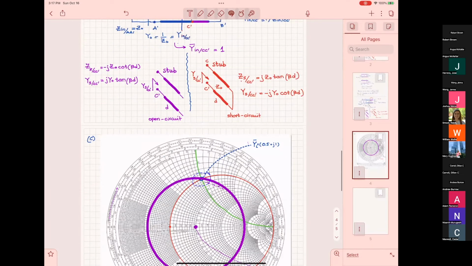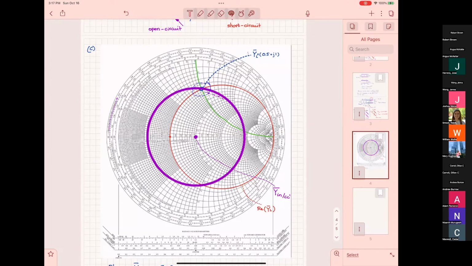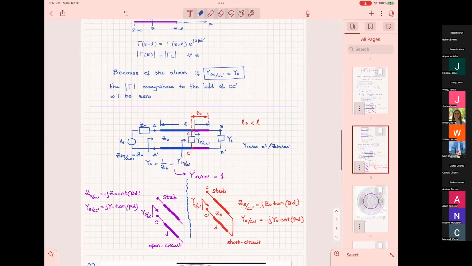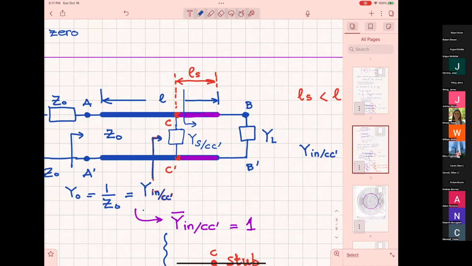Because eventually, when I come to this point, I know the real part of that point. Let me expand the view and clean this up, so I'm not going to have all of these details because it becomes too crowded.